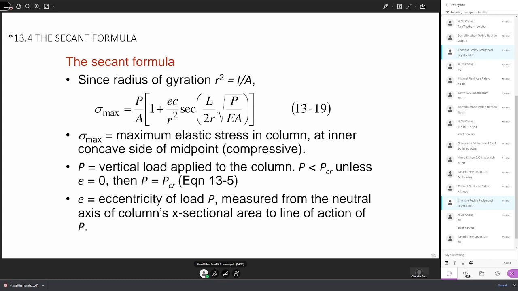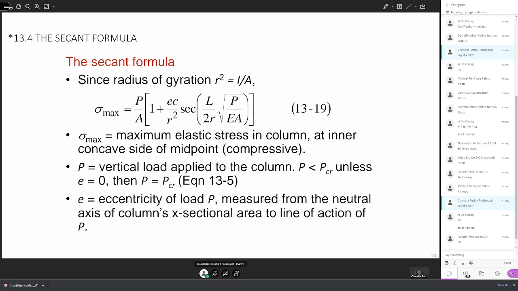It is the same concept as in bending of beams, Flexure formula, the same meaning for C. Over R squared into secant of L over 2R. Here L refers to the effective length. P is the load applied, E is the Young's modulus.